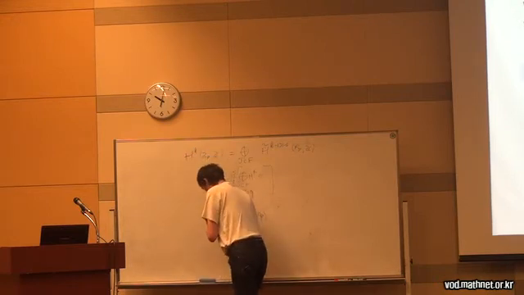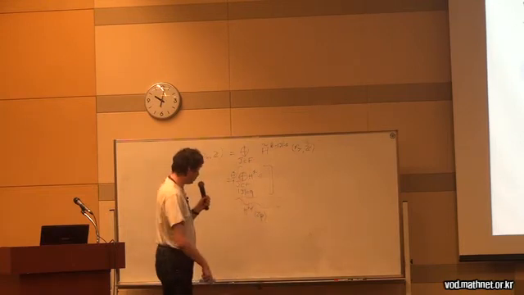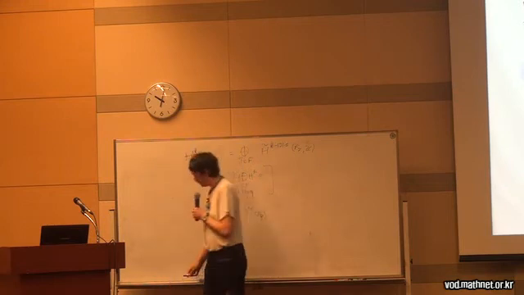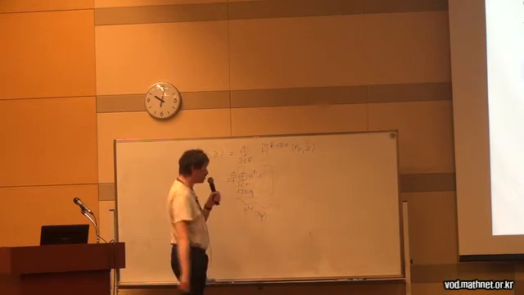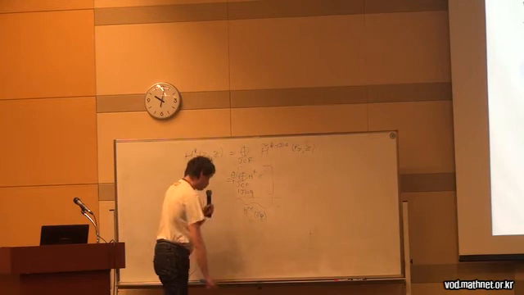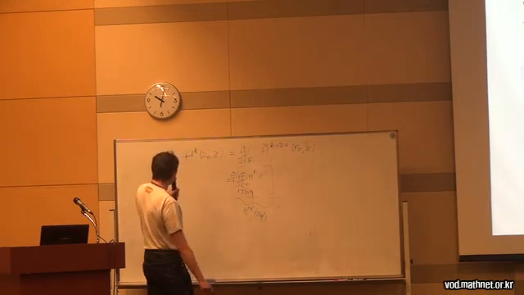So if the bigrading is respected, the dimensions of the spaces are respected. These dimensions are called the bigraded Betti numbers, and two polytopes, if they are graded equivalent, must have the same bigraded Betti numbers.